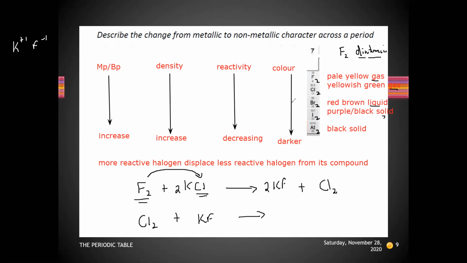Why is there no reaction? Because you can see the order of the reactivity. Chlorine is less reactive, so it cannot displace or knock out fluorine. If it's not able to knock out the fluorine, there is no reaction between them. It will remain as it is. No change, no visible reaction. Is it clear?